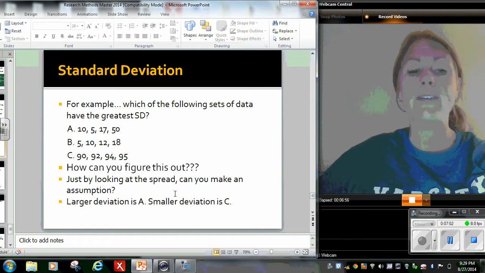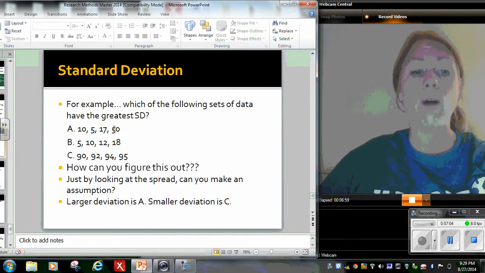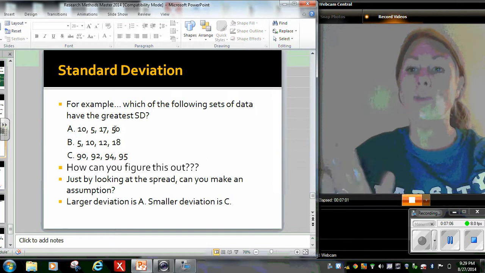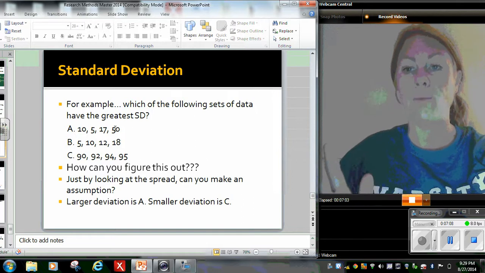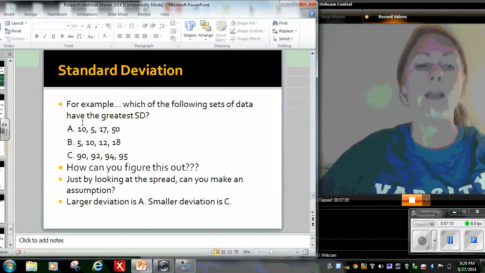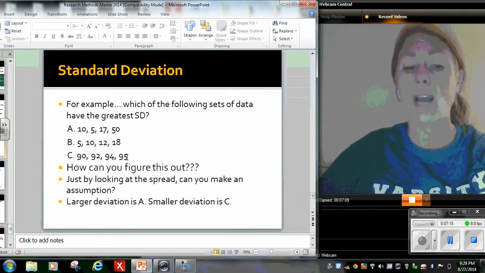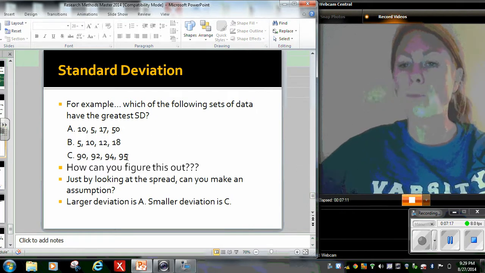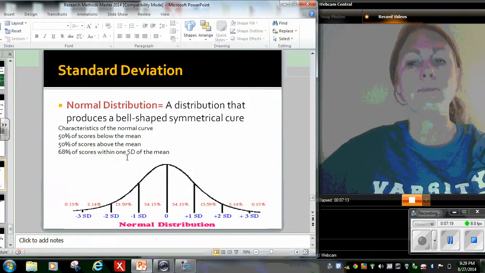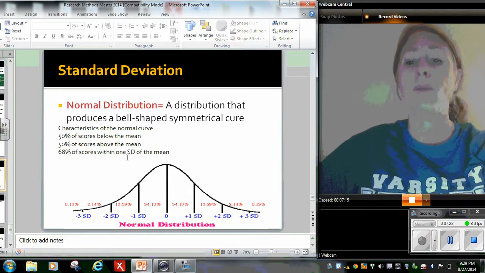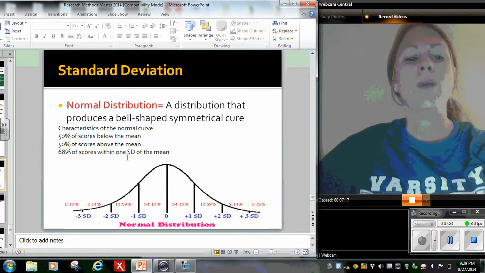The larger the deviation, okay, 5 all the way up to 50, is a large range. Larger deviation, which would be A. Okay, less spread out, 90 to 95 is going to have a smaller deviation, which would be C. Okay, smaller deviation.